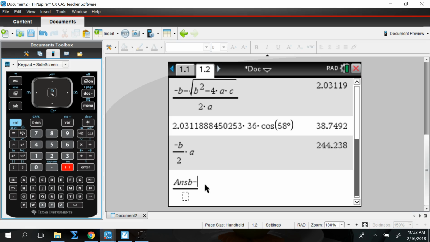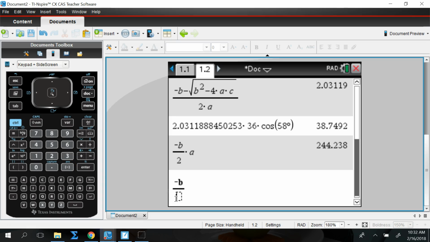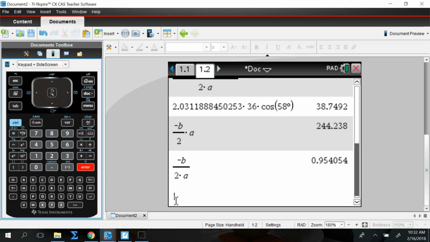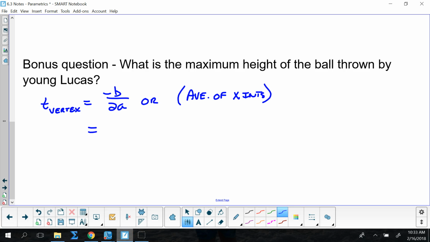Escape. What the heck is going on today with the calculator? Opposite B over 2A gets me 0.954, yes? Okay. So that's the t value to get to the vertex, correct?